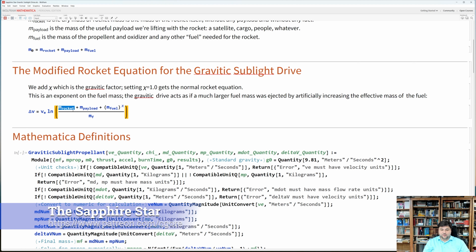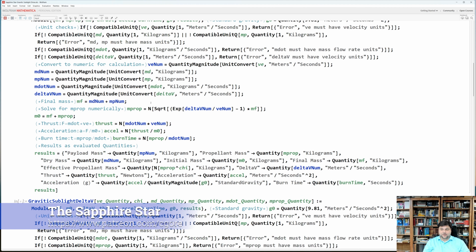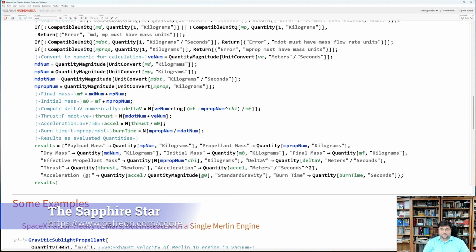The rocket would be, in our case, the ship, and the payload would be some people inside and whatever else they are carrying. Then you've got the amount of fuel that you're burning, raised to some exponent, divided by the mass final, which is just going to be these two added. Otherwise it's the same equation. I used AI to generate some useful mathematical functions for me.